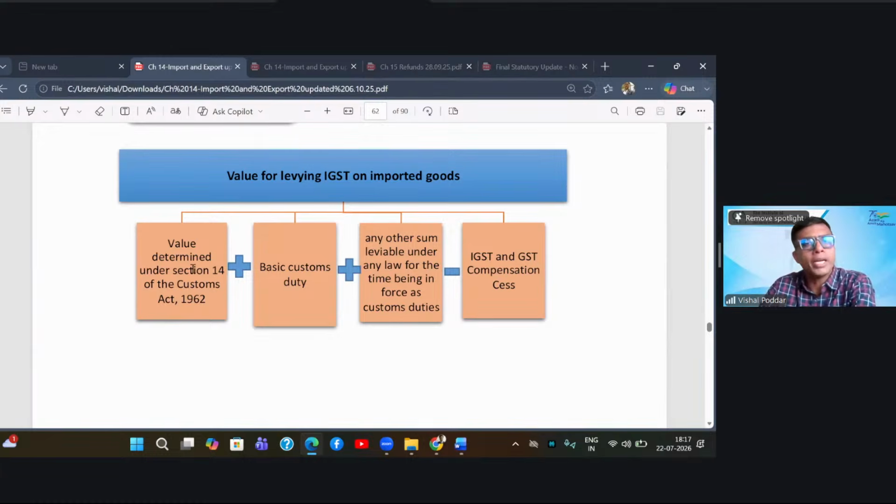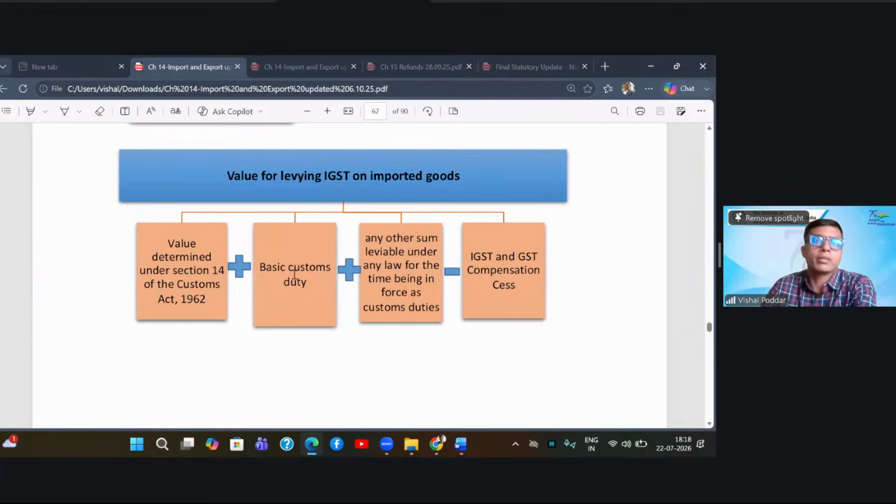Rather, you will apply section 14 of the Customs Act, read with the customs valuation rules. So you first find out the assessable value as determined under section 14, and for this purpose you also refer to the customs valuation rules.